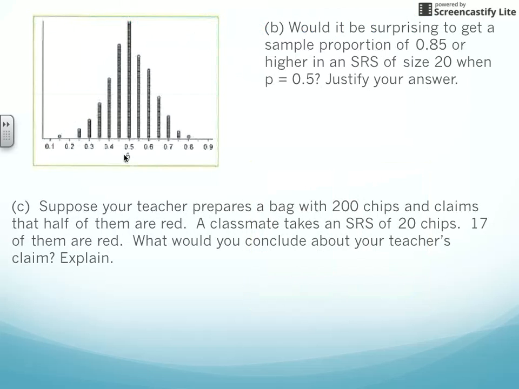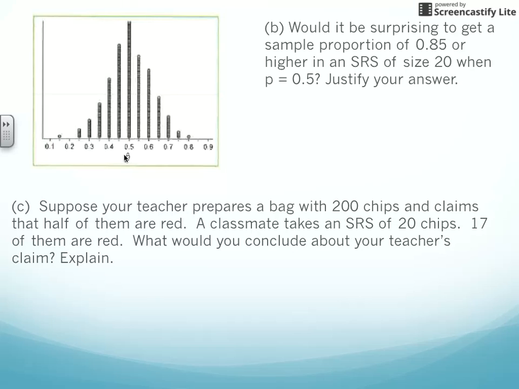So just a few questions that we can answer about this quickly. Would it be surprising to get a sample proportion of 0.85 or higher in an SRS of size 20 when the population proportion is 0.5, okay? It would be very unlikely to obtain an SRS of 20 chips in which the proportion would be 0.85 if your population is only 0.5.